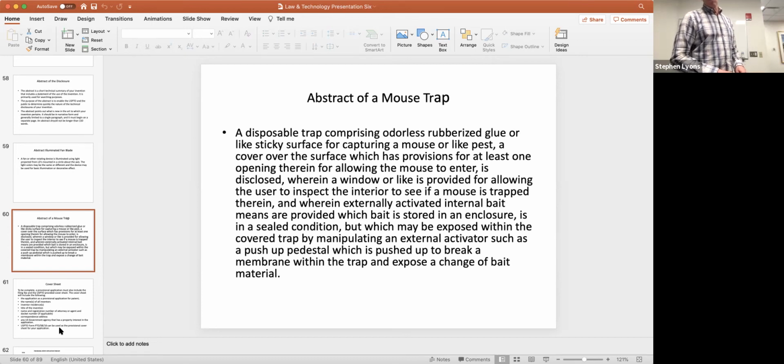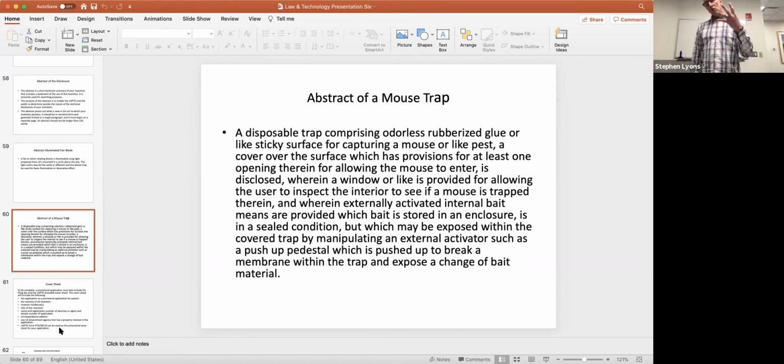A window or like is provided for allowing the user to inspect the interior to see if a mouse is trapped therein, and externally activated internal bait means are provided, which bait is stored in an enclosure in a sealed condition, but which may be exposed within the cover trap by manipulating an external activator such as a push-up pedestal, which is pushed up to break a membrane within the trap and expose a charge of bait material.